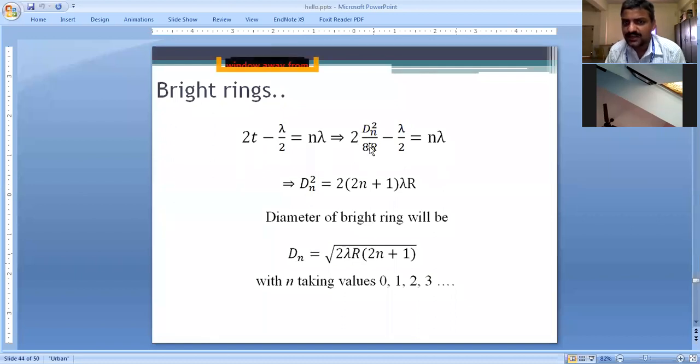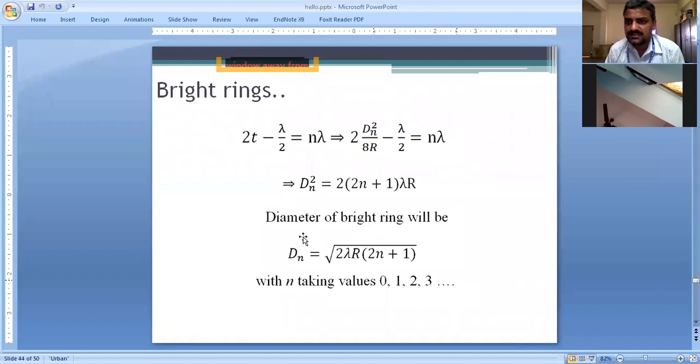So dn square by 2r is equal to (2n plus 1) lambda, or dn square is equal to this. If you want the diameter of the bright ring, just take its square root. So dn is equal to the square root of 2 lambda r into (2n plus 1). This is the expression for the diameter of the bright ring in Newton's rings.